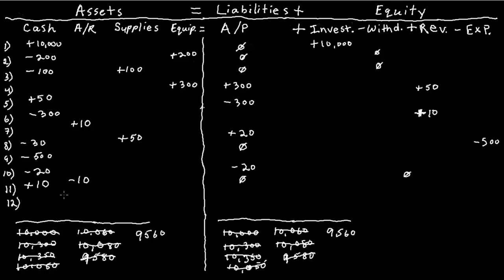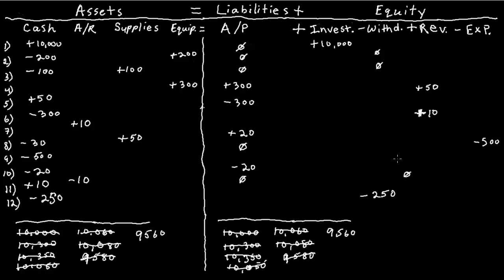Let's say that we withdraw cash from the business, and we withdraw $250. So when we withdraw $250, our cash is going to go down by 250, and our withdrawal is also going to go down by 250.